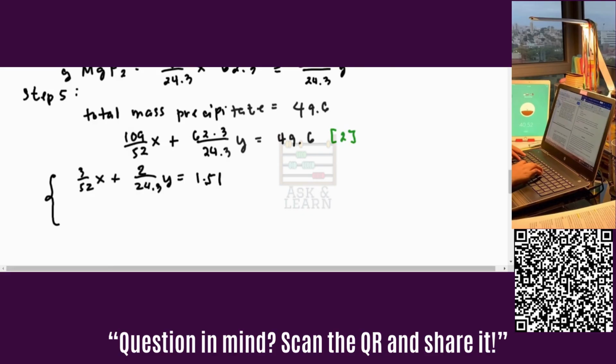And the other equation is 109 over 52. So as you can see, I'm not converting it to decimal. I'm keeping it as fraction in order to keep the values in terms of its more exact form.